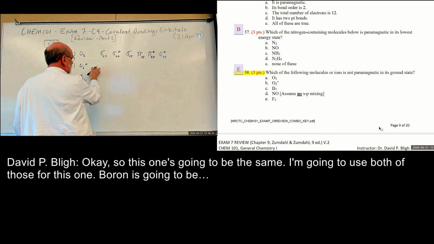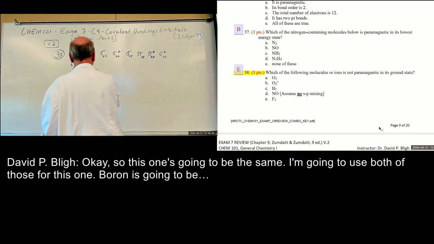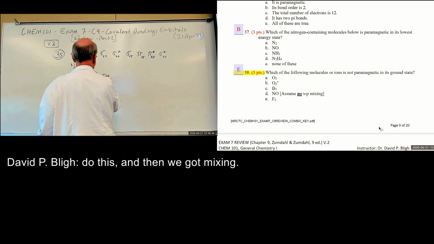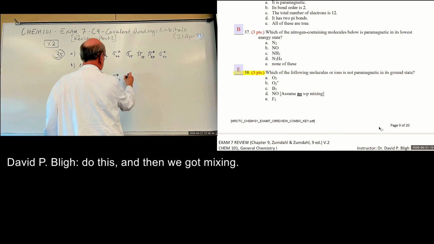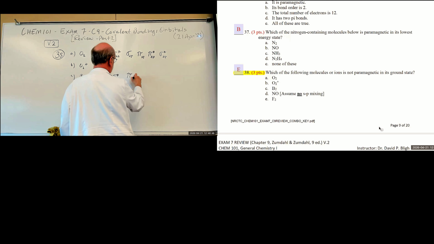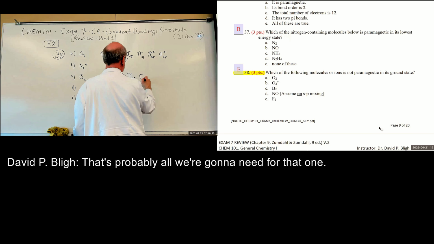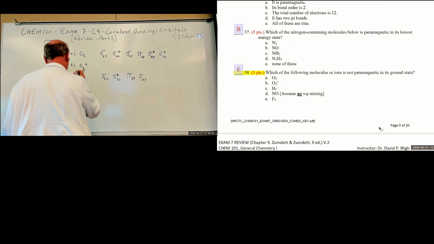Okay, so this one's going to be the same. I'm going to use both of those for this one. Boron is going to be sigma 2s, and then we've got mixing. Then sigma. That's probably all we're going to need for that one.